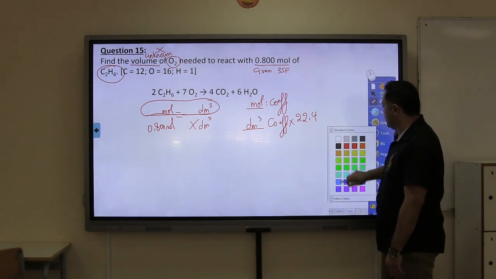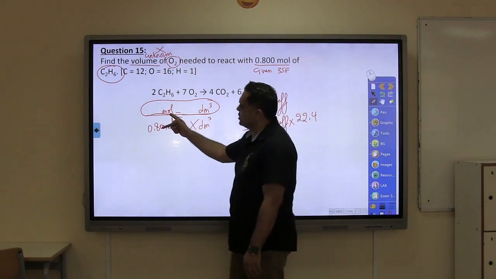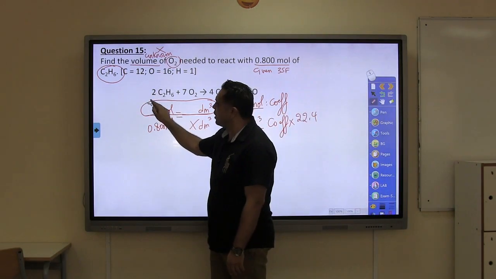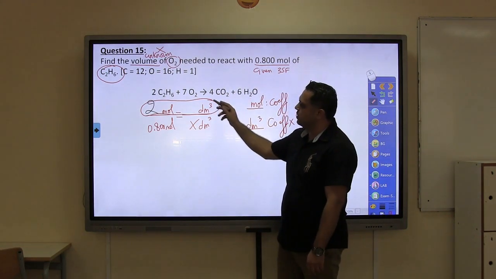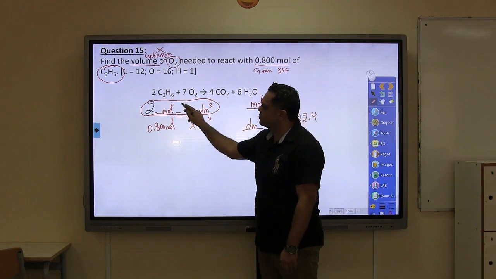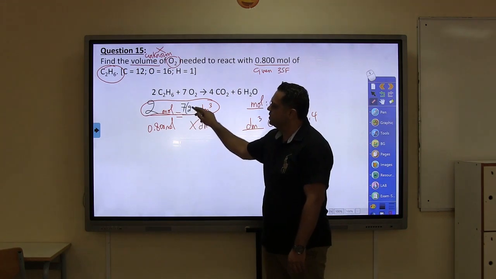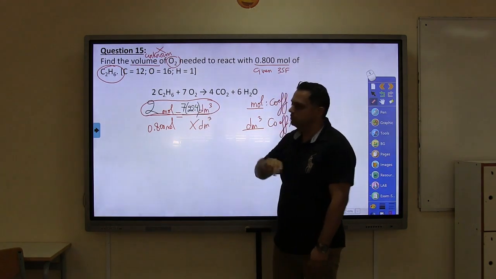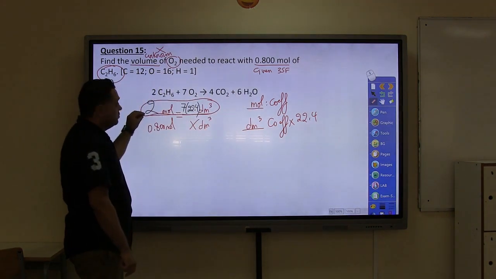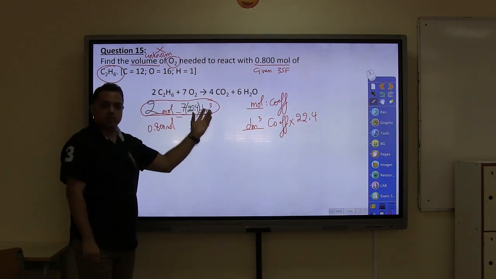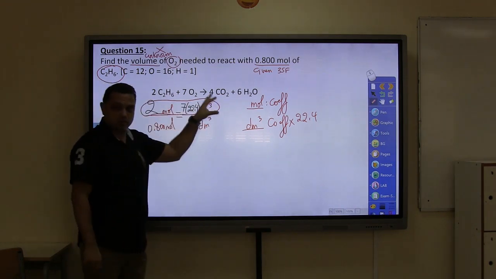If I want to find these numbers, I need only to write down the coefficient. So it's 2. To get the decimeter cube, which is the volume for the oxygen, it will be 7 times 22.4. Okay? So every 2 will react with 7 times 22.4. This is from the reaction ratio.